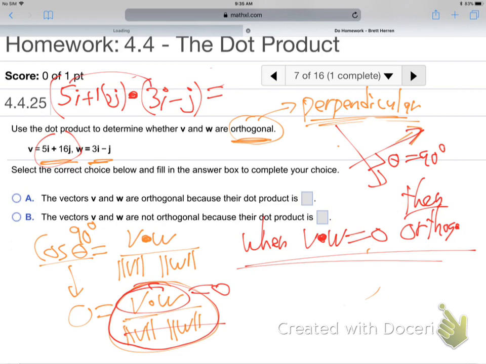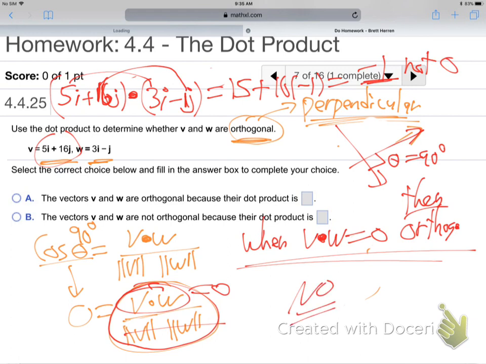That equals 5 times 3 is 15, plus 16 times negative 1. I'm thinking no, negative 1. It's not 0. So the vectors are not orthogonal, because their dot product is negative 1. It's not 0.